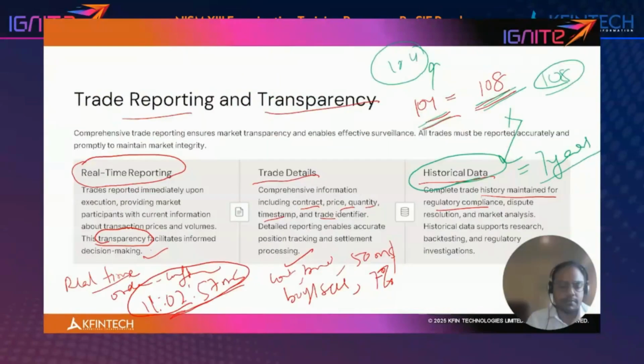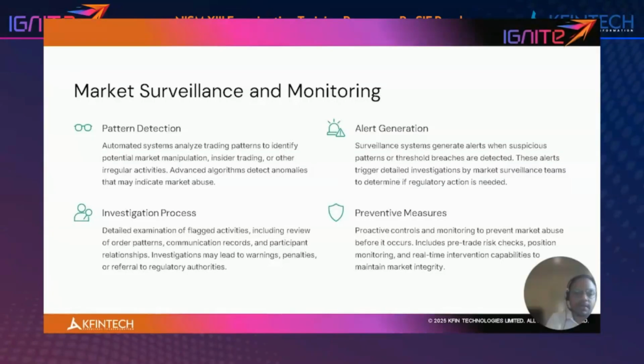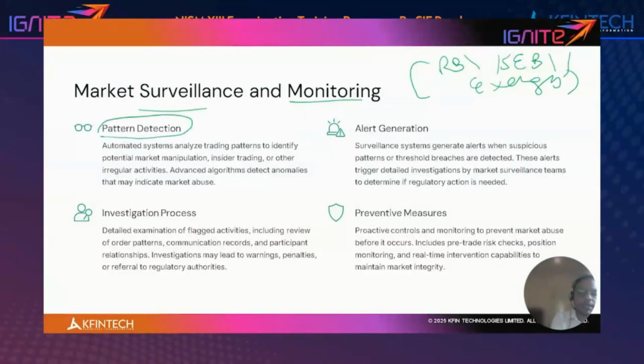Now, market surveillance and monitoring. This is done by regulators, RBI, SEBI, and exchanges. Pattern detection, investigation process, alert generation, preventive measures. These are all self-explanatory, but let's go through it. Pattern detection means it will identify potential market manipulation.